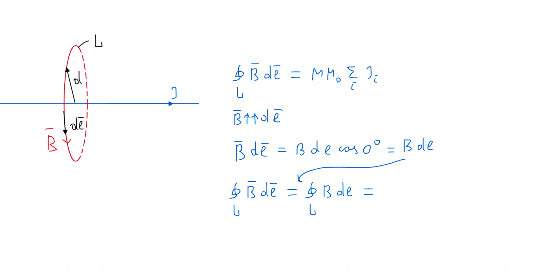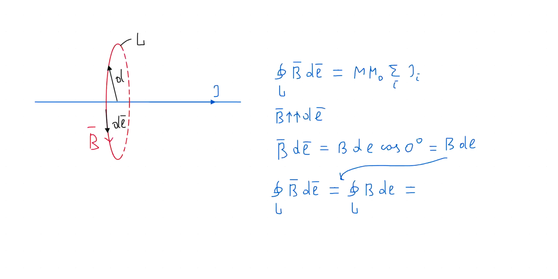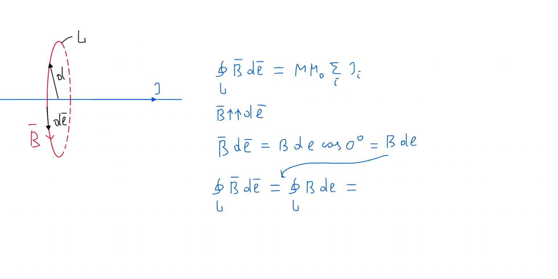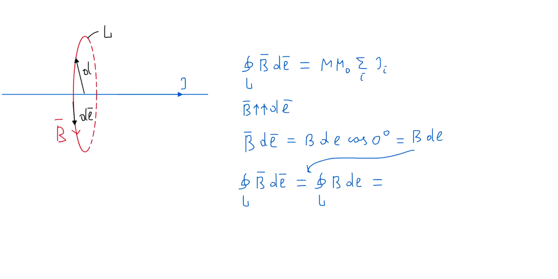Okay, and moreover, if the closed circuit is the same as a line of the magnetic field, then according to the symmetry, the absolute value of vector B will be the same for all elements DL.